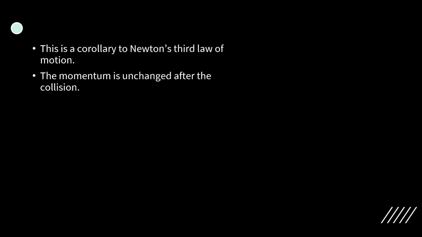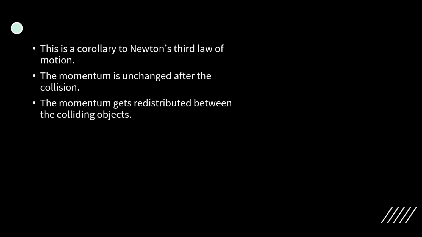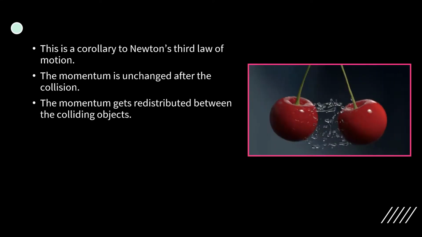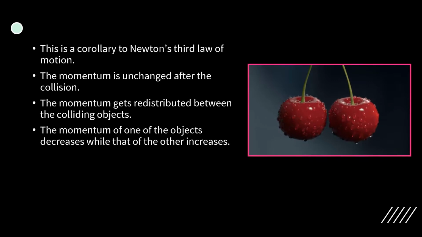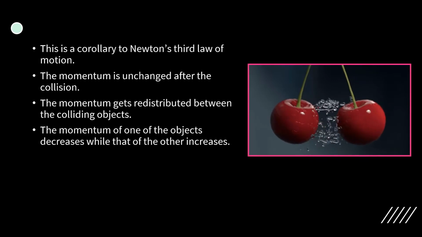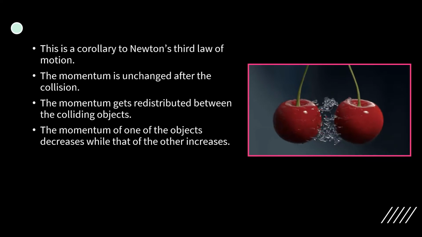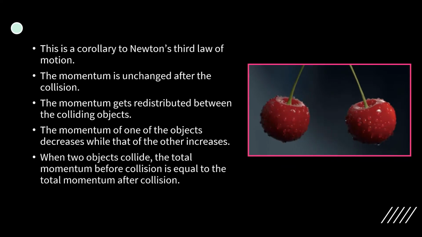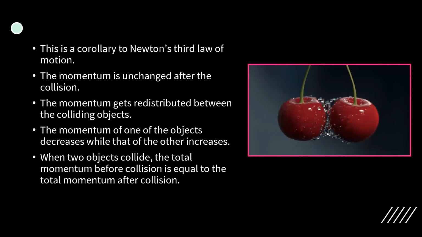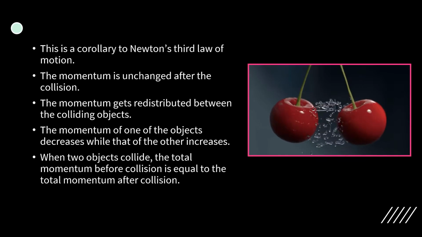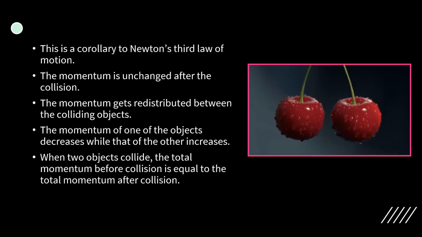The momentum is unchanged after the collision. The momentum gets redistributed between the colliding objects. So the momentum of one of the objects decreases while that of the other increases. When two objects collide, the total momentum before collision is equal to the total momentum after collision.